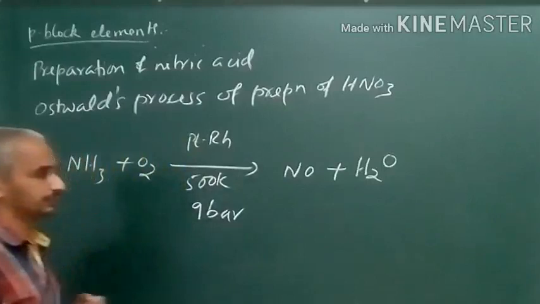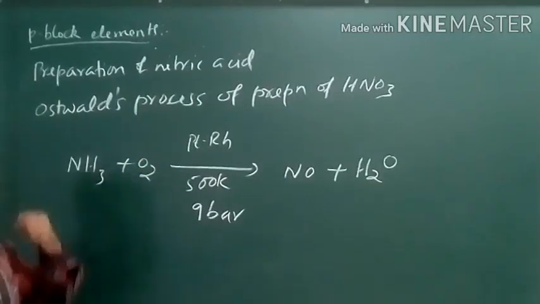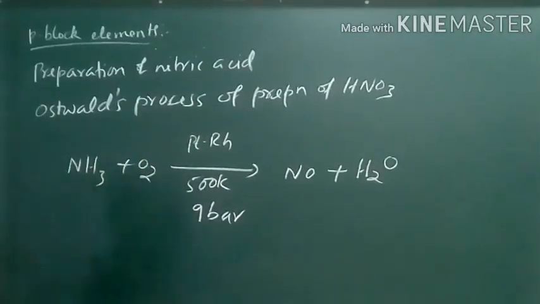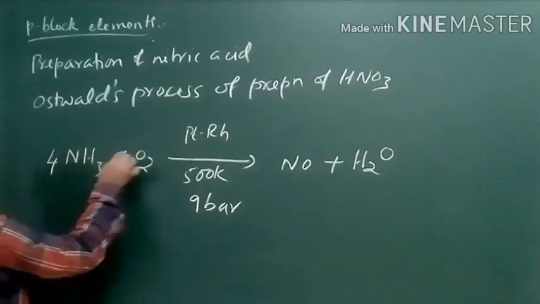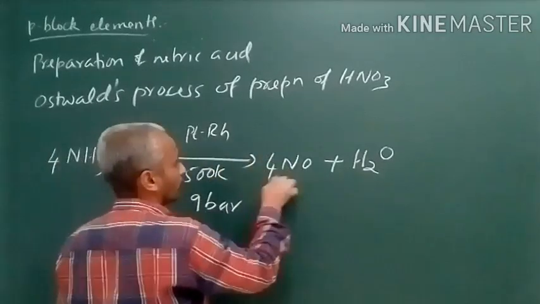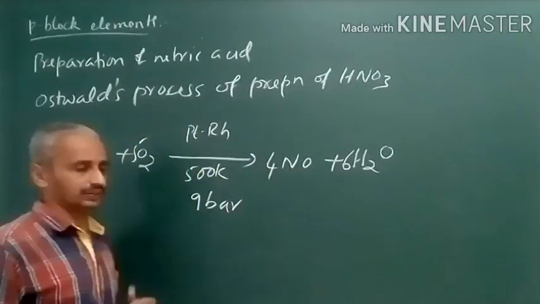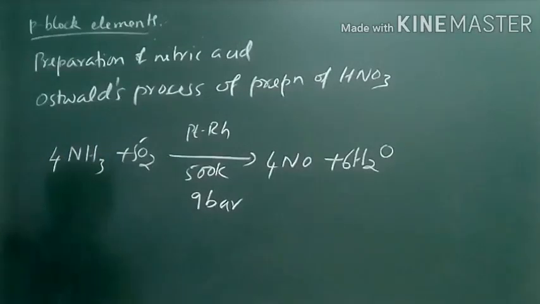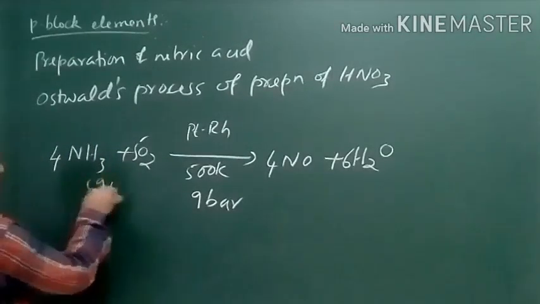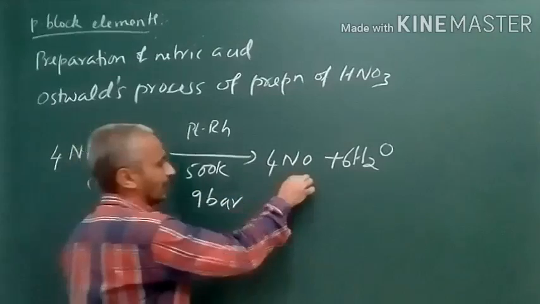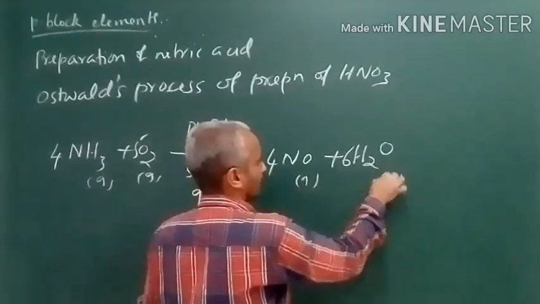The equation is not balanced, so write down the balanced equation: 4, 5, 4, 6. Ammonia is a gas, oxygen is a gas, nitric oxide is a gas, and this is a liquid.